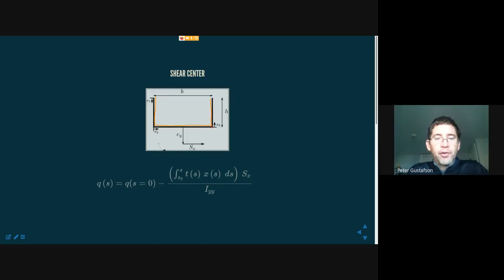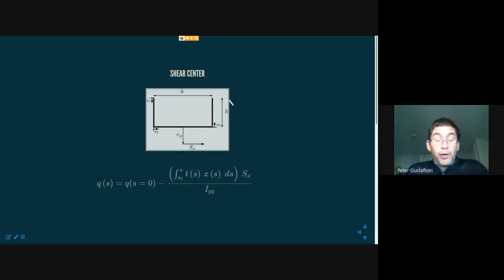I'm defining this in a relatively general way, so its width and its height don't have to be the same. In the finite element model that you just saw, it happened to be that the width and the height were the same, but that doesn't matter too much.